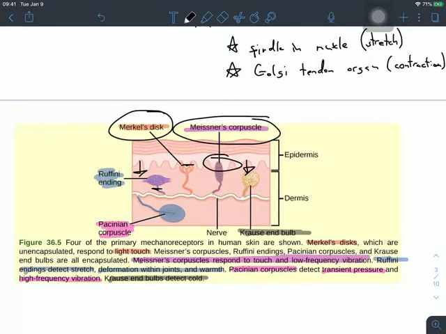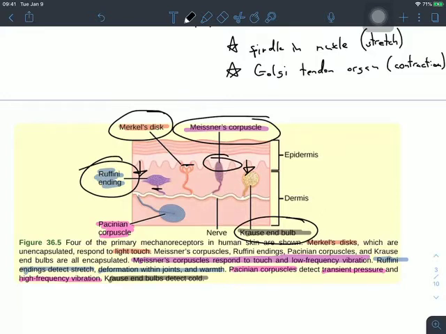Our Krause end bulbs detect cold. They're also in the surface, and then, I should not say you detect hot and cold in similar fashions because they're about the same depth level, with Krause end bulbs being our cold receptors and Ruffini endings being our warm receptors. And then the ones that are the furthest, deepest within our skin are our Pacinian corpuscles.